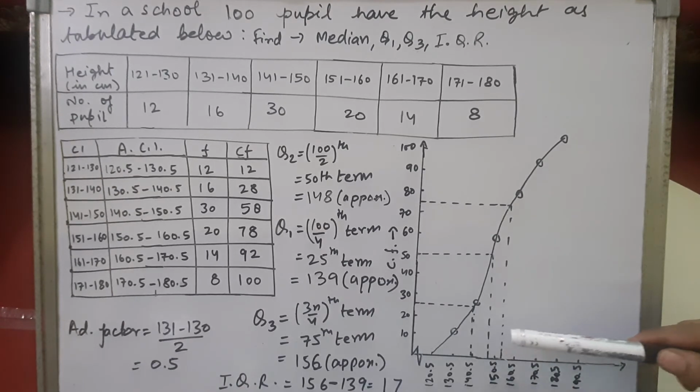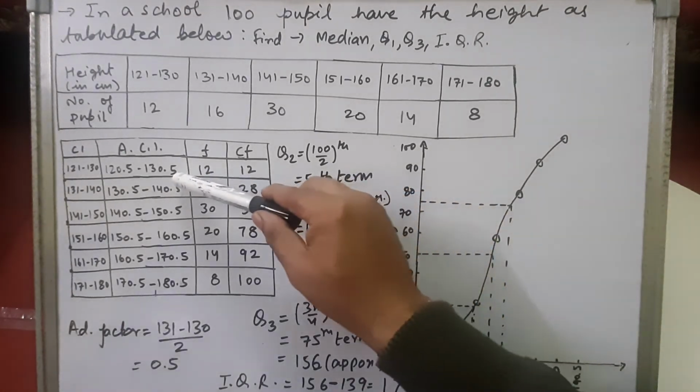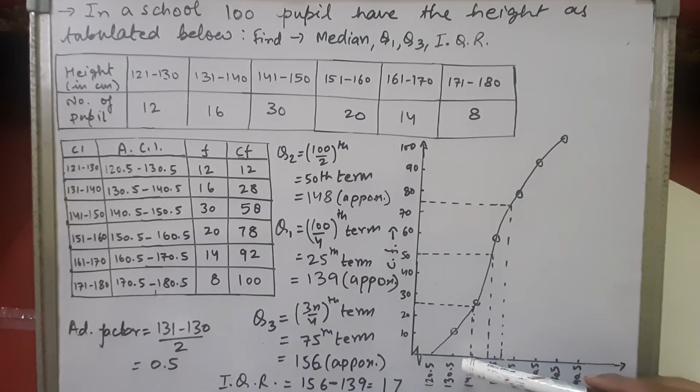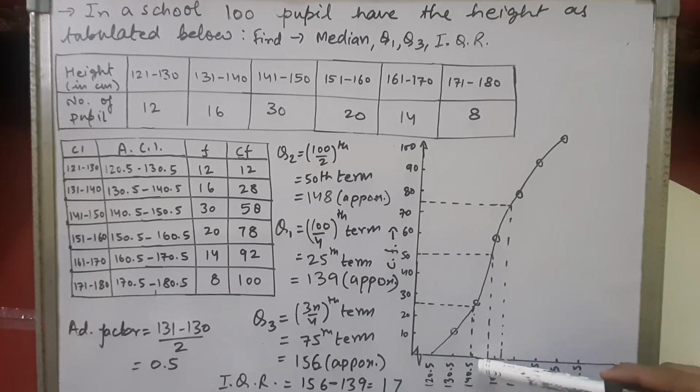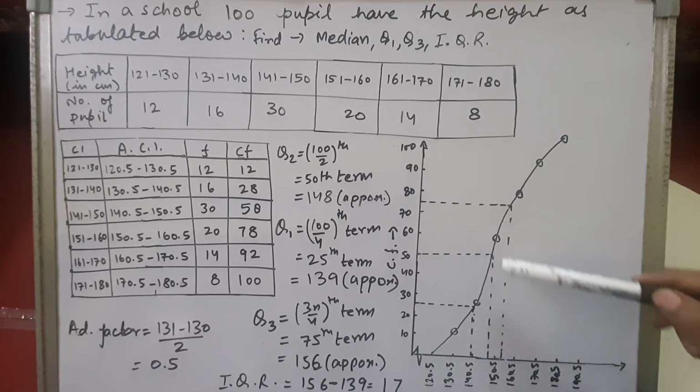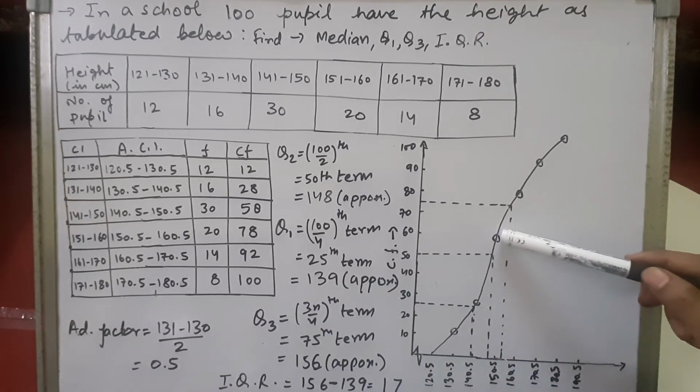Now we know that for drawing the frequency ogive or cumulative frequency curve, all the cumulative frequencies have to be plotted at the upper limit. That means this 12 has to be plotted at 130.5. So at 130.5 we'll plot 12, at 140.5 we'll plot 28, this point. At 150.5 we'll plot 58, this point.